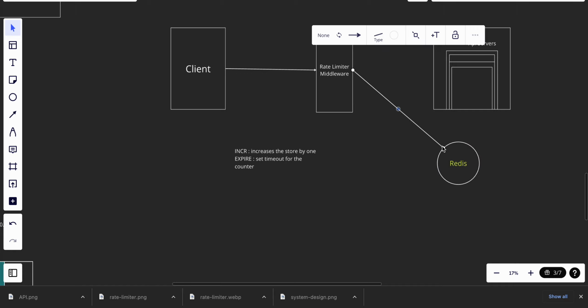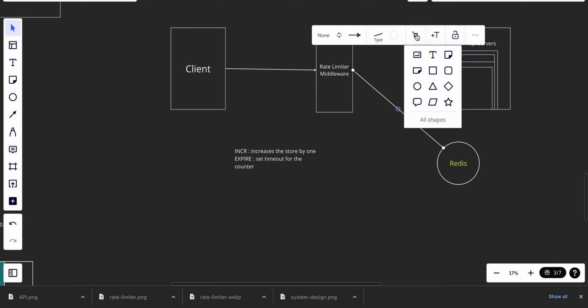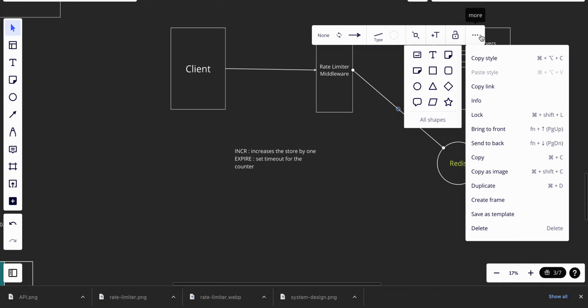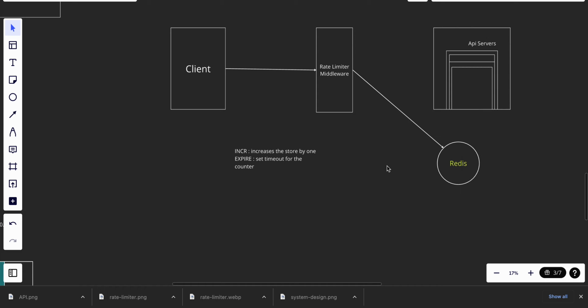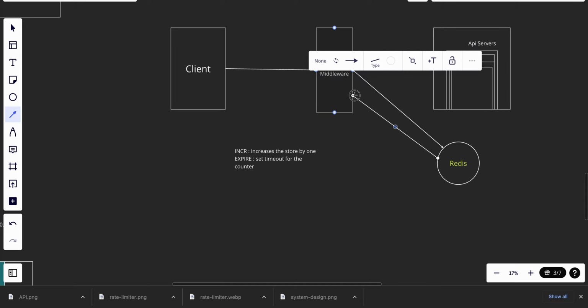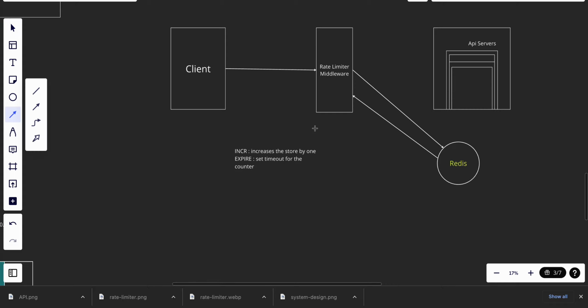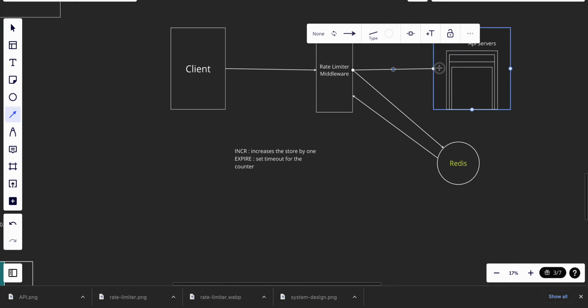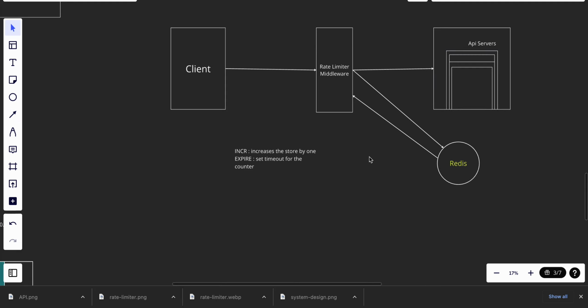I don't know how to make this one a dual arrow, so I'll just draw another one, and it sends the response back to the middleware. Depending on the response, we can access the API servers. So this is how it works.